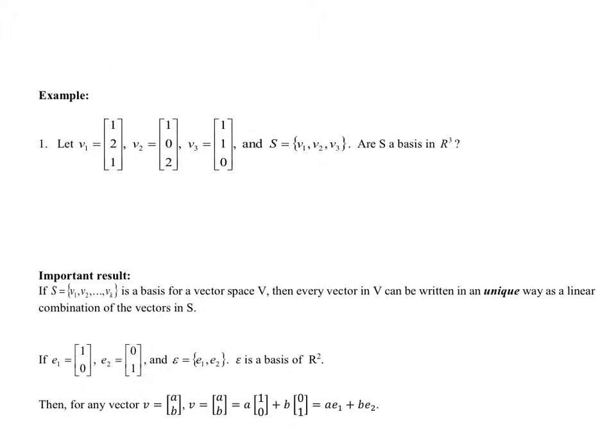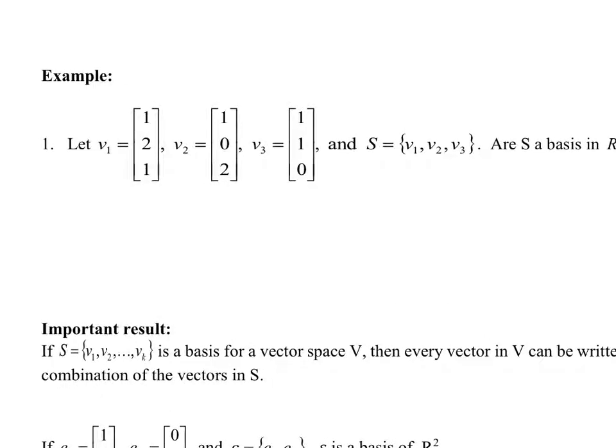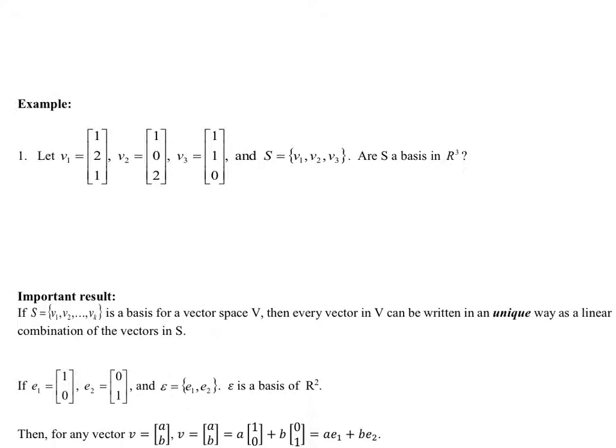Because it's asking if it's a basis of real space 3, it's not asking us to determine if some value is in the span of that set of vectors. What I could do, and it would be a royal pain, and we did it like this a couple of units ago, is define some arbitrary vector ABC and solve to see if that vector still existed when we performed elementary row operations. That was brutal.